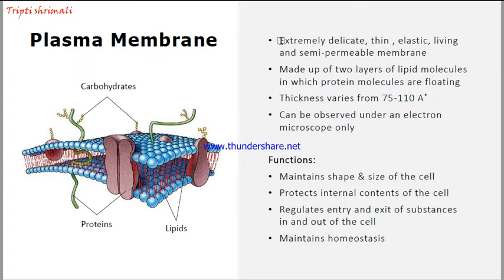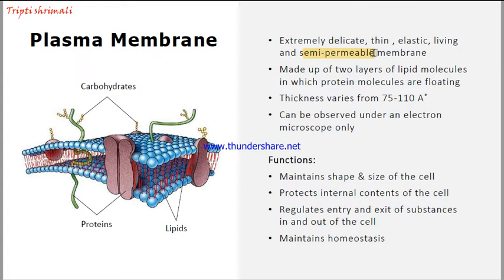The plasma membrane is an extremely delicate, thin, elastic, living and semi-permeable membrane. Right? We have mentioned the point here that plasma membrane is semi-permeable. So students, why is the plasma membrane called semi-permeable? Because it allows only some substances to get inside the cell.